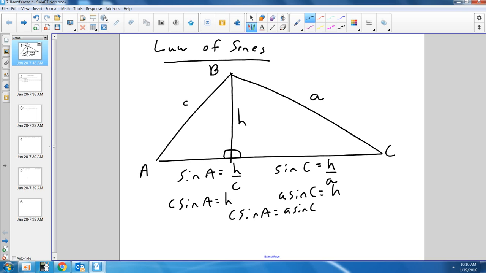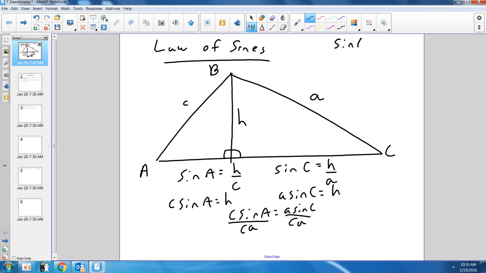At this point, I just want to put that in a cleaner form. So I'll multiply both sides by 1 over CA, or divide by CA. When I do that, on the left side the C's cancel, leaving 1s.